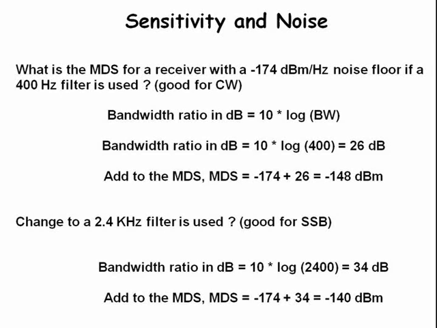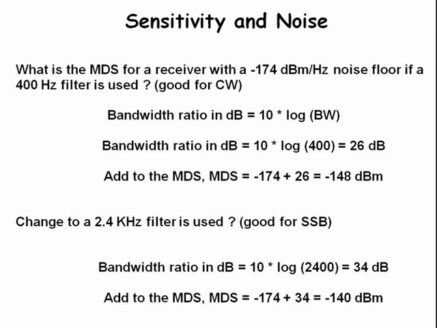Well, the bandwidth ratio in dB equals 10 times the log of the bandwidth, which would be 10 times the log of 400 for this particular problem, which equals 26 dB. We then add that 26 dB to the MDS, so the MDS would be minus 174 plus 26, which equals minus 148 dBm.